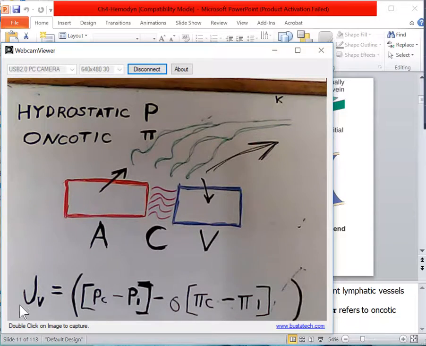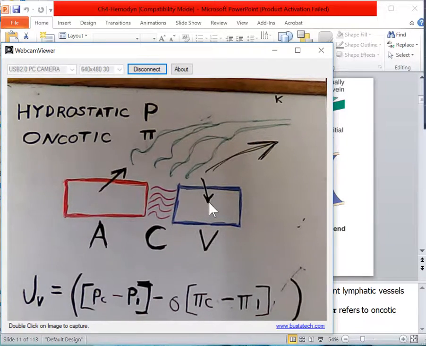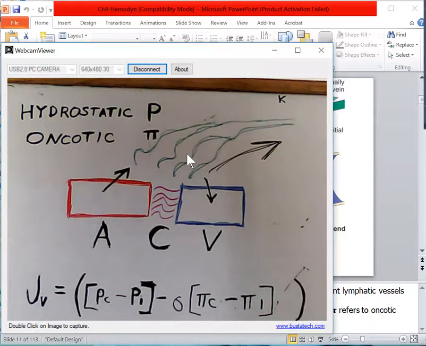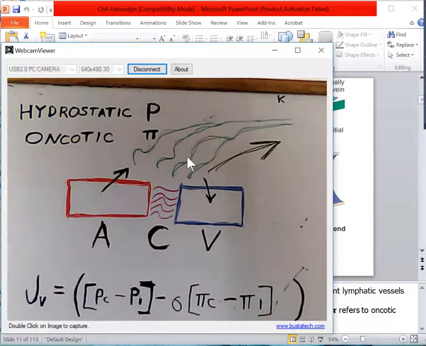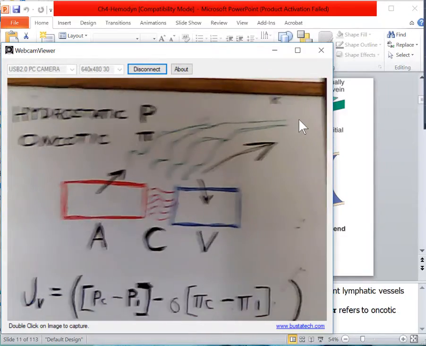So the net flow, which is called JV, or if you want to call it the net flux, would be back into the veins. Now there's another little thing that complicates this equation, but it's a big factor: these lymphatic vessels, these thin-walled structures, which are literally riddled throughout the body, also have as a function the job of picking up extracellular fluid and draining it into the lymphatic system, ultimately back into the vascular system.